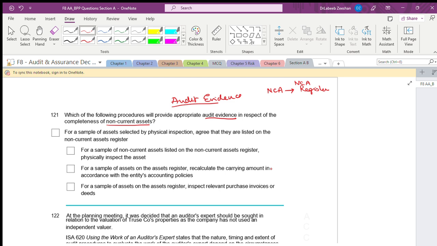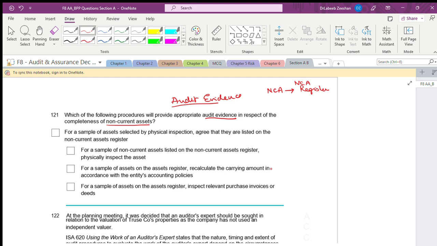Whenever we are having a physical inspection, the first physical inspection should be worked out with the non-current asset register, which is the primary source of information. What do they say?